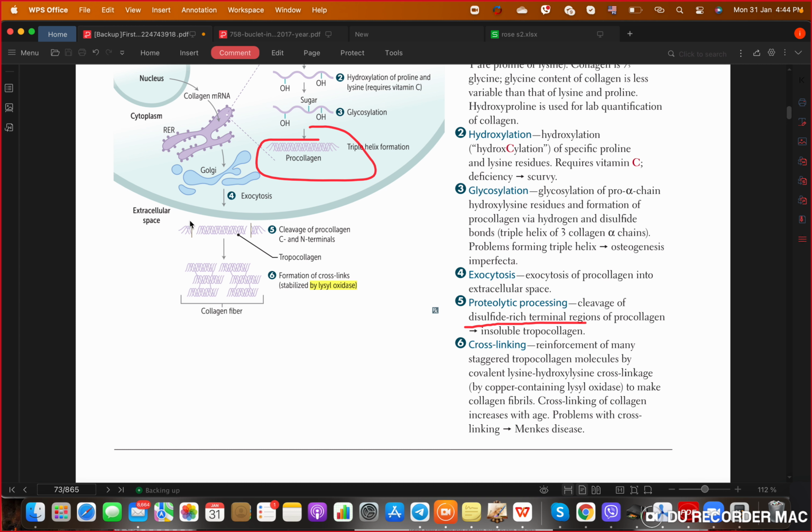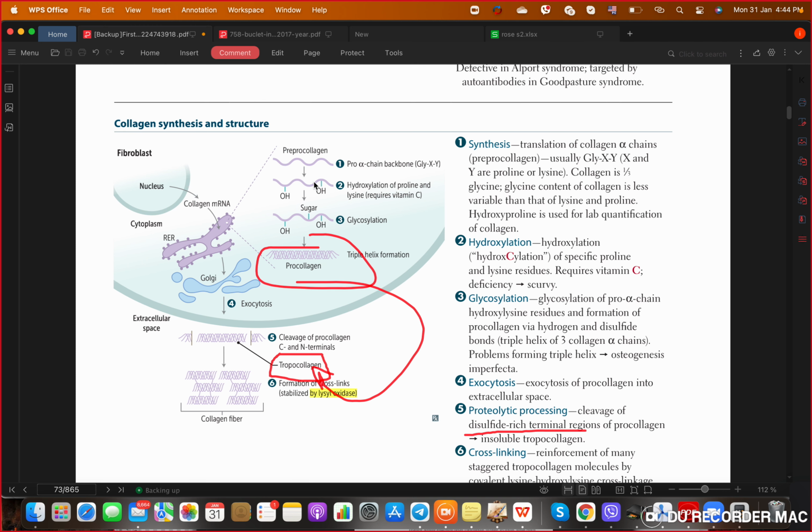So you cut out this section and you convert the procollagen into something called tropocollagen. So far we have converted the precollagen, with the glycosylation and hydroxylation, into procollagen. And the procollagen, after the cutting, was converted into tropocollagen, correct?